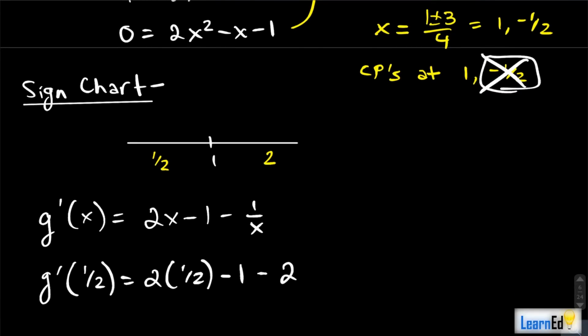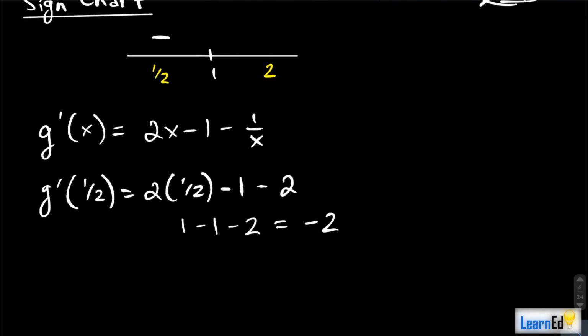So we have g prime of 1/2 equals 2 times 1/2 minus 1 over 1/2, which is 2. That gives us 2 times 1/2 is 1, minus 1, minus 2. 1 minus 1 is 0, minus 2 is negative 2, so we get a negative here. For 2, we just plug in 2.